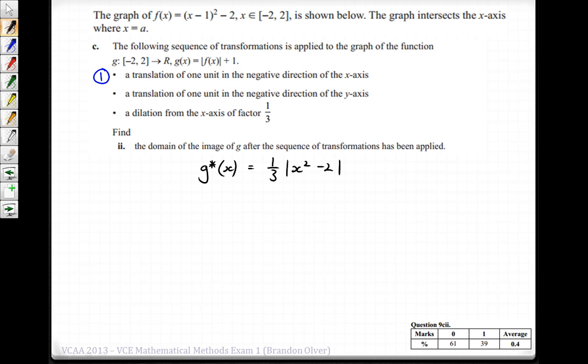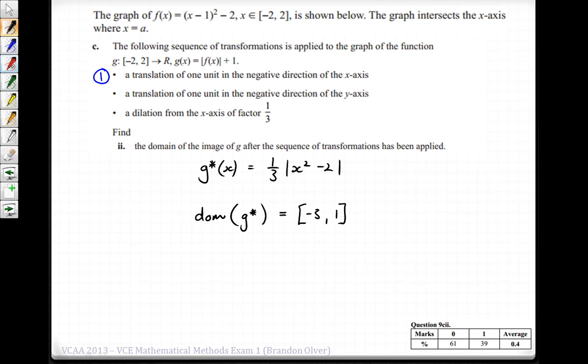So our domain of g star is now going to go from -3 up to 1 instead of -2 to 2. So we just take every point and move it along 1 unit in the negative x direction to get that new domain.